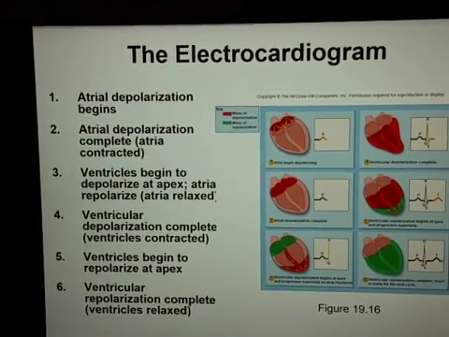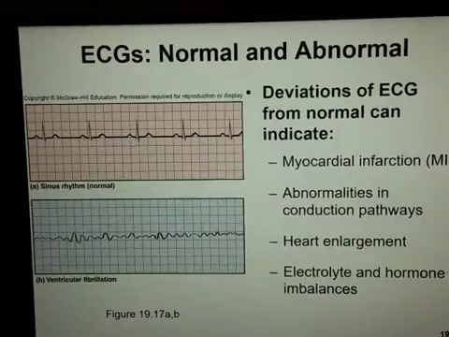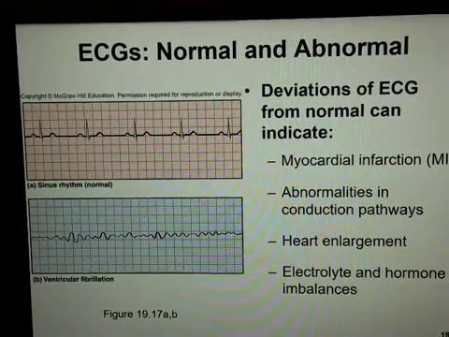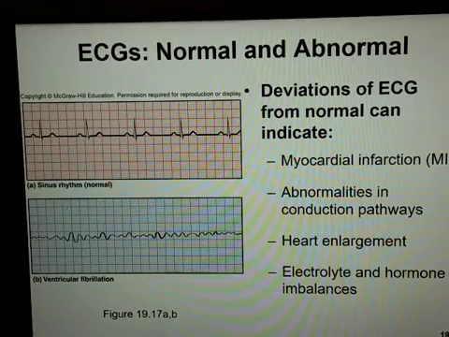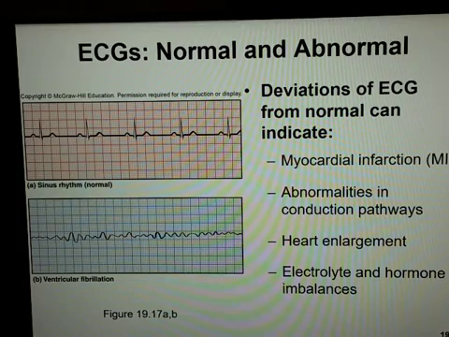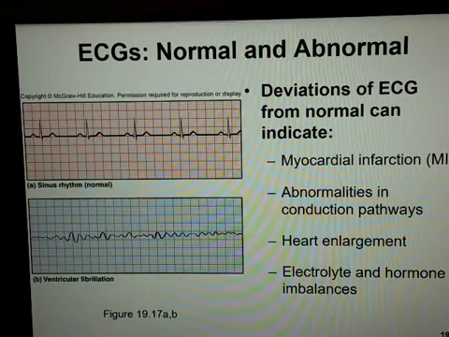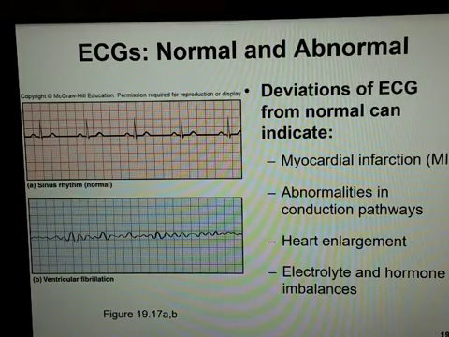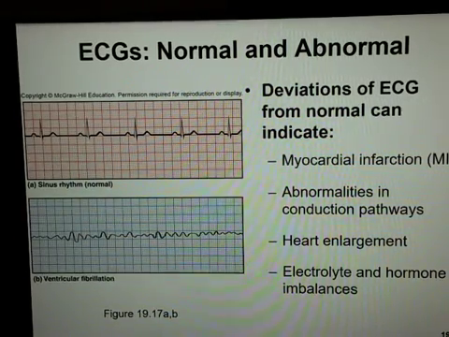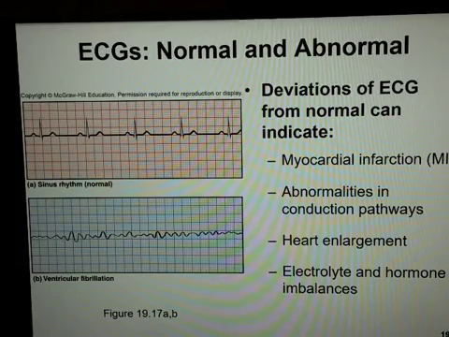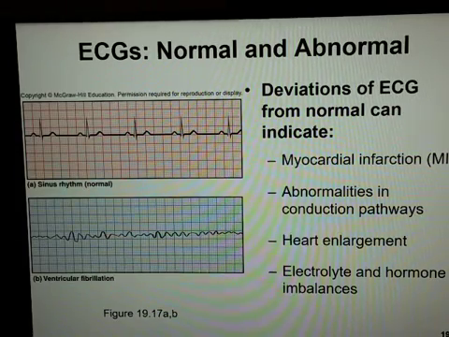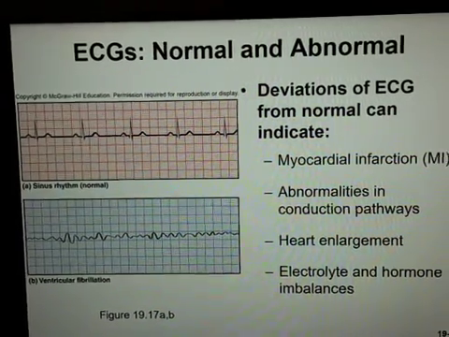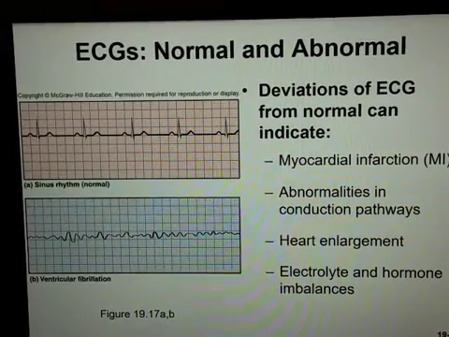And they can actually take an EKG that's been done and they can determine, all right, is this EKG normal or is it abnormal? And if so, what is wrong? So any type of deviation from that normal EKG will let them know something about the heart.